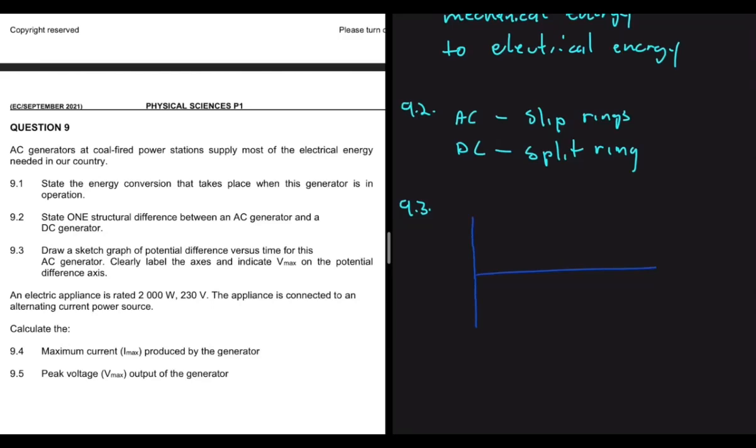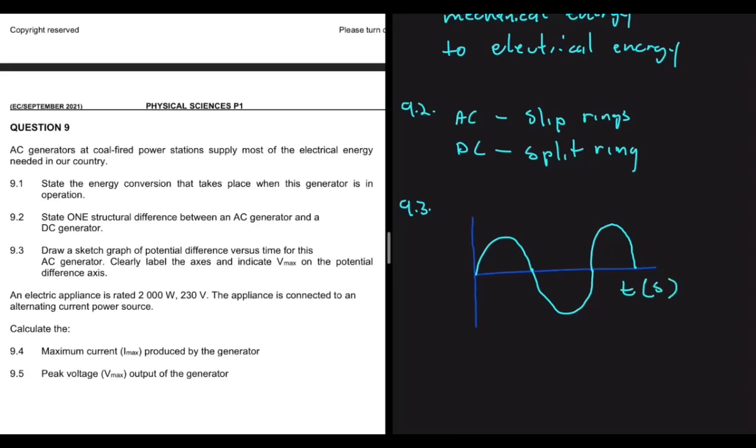The current changes direction every half cycle, right? So if you want to plot a potential versus time graph, then after this half cycle, you have to change the direction, right? So we go down, and then after this half cycle, we change direction again, and so on and so on.